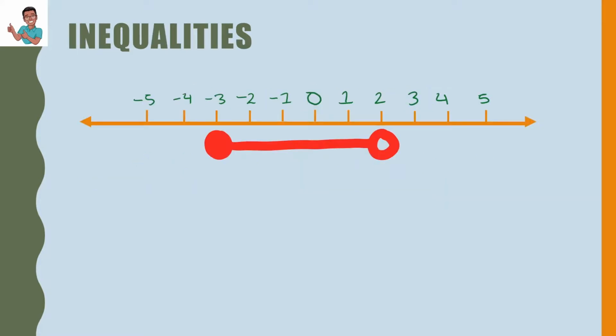Okay, now this question is asking us to write the inequality for this line. We can see that we have a fully shaded circle at -3, and we don't have a shaded circle at 2. We'll split this up into two parts, part 1, part 2.